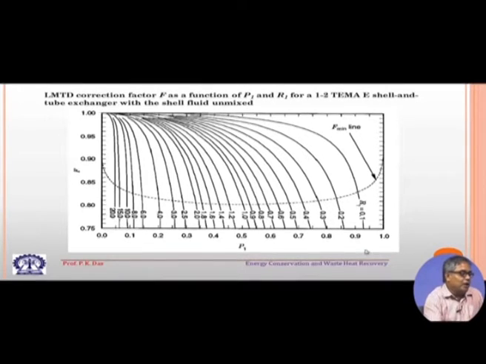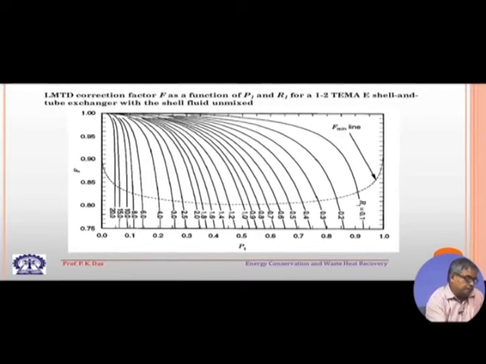Then you see we have got P 1 plotted like this, and these curves are for different values of R 1. So, with our respective values of P and R, we can get a typical value of F from this figure, and then we can pick up that F value for our calculation.